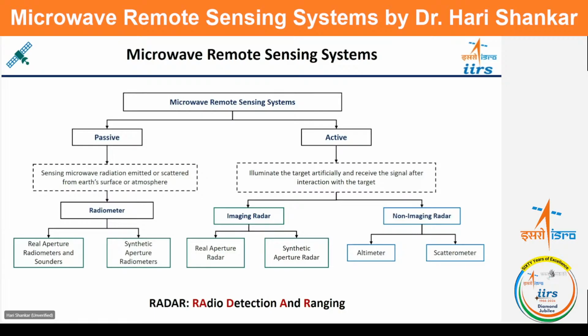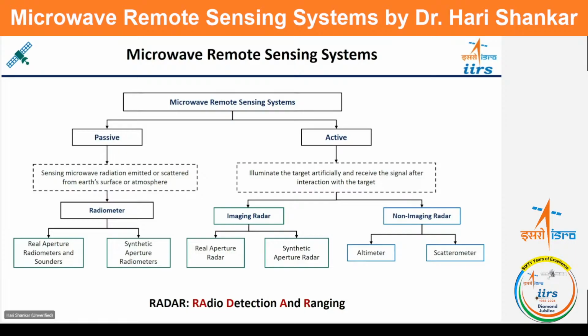In the emitted radiation, many wavelengths are there, maybe in the optical range, the infrared, the thermal range, and the microwave range. So the emitted signal is a packet of different wavelengths, and in that packet some microwave radiation is also there.